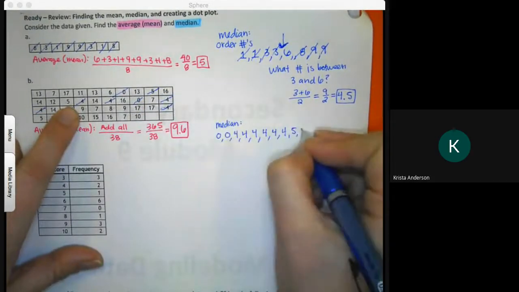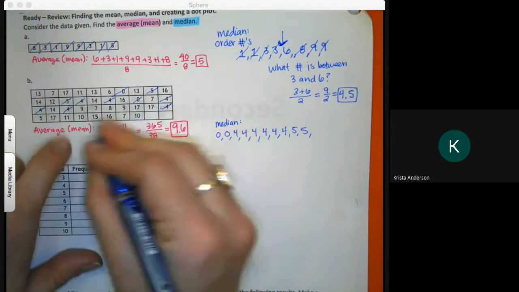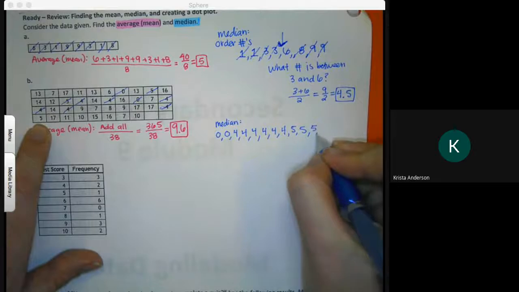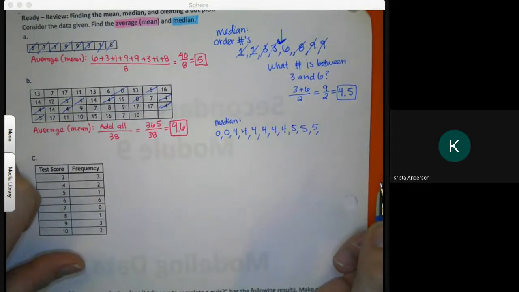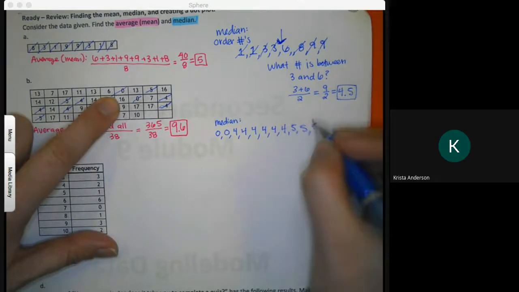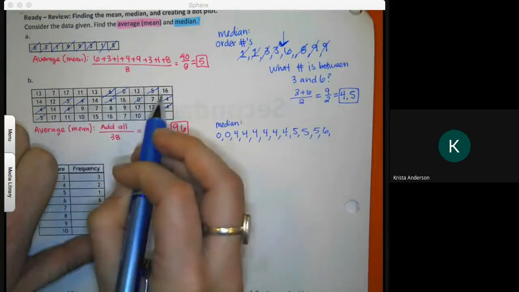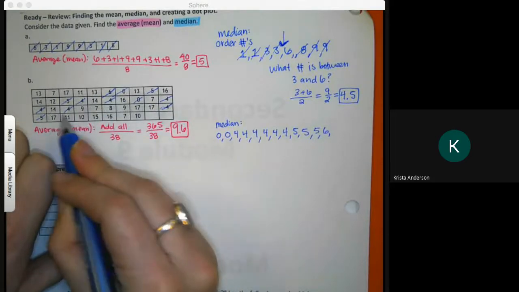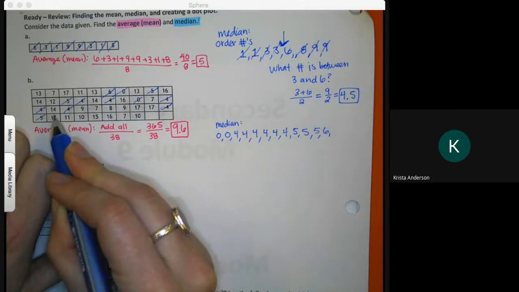Some of you will be really good at organizing these. Okay, no more 5s. Now we have 6s. Okay, now 7.